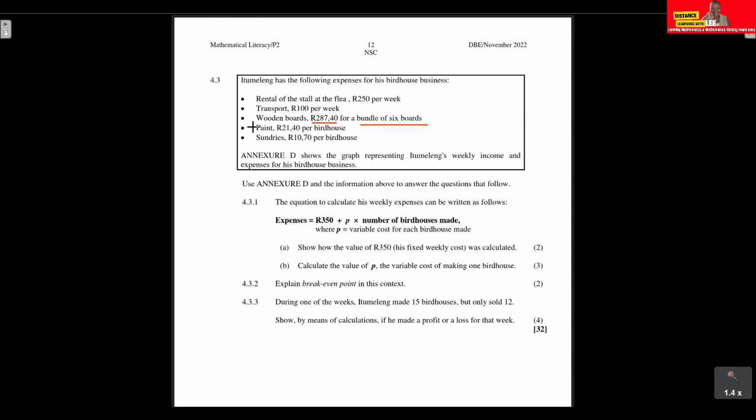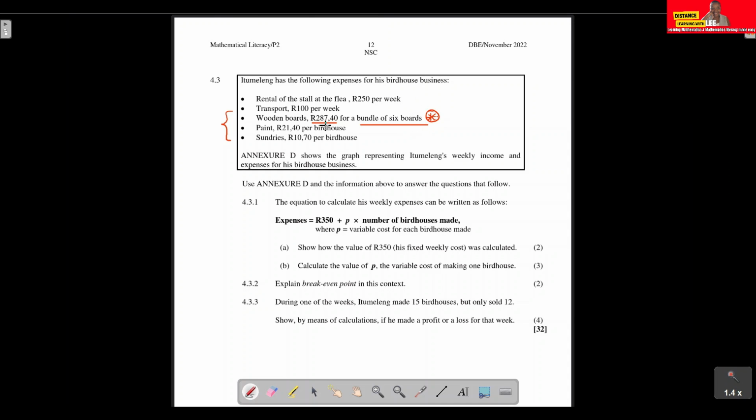Then they say that for paint, he pays 21 rand and 40 cents for a birdhouse, and for sundries he pays 10 rand and 70 cents for one birdhouse. So all of these expenses for your wooden boards, paint and sundries are for a birdhouse. The only thing is that the boards are given for 6 boards.